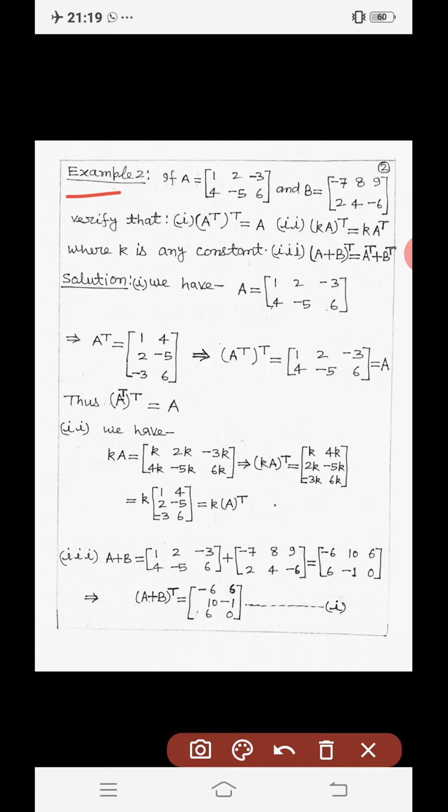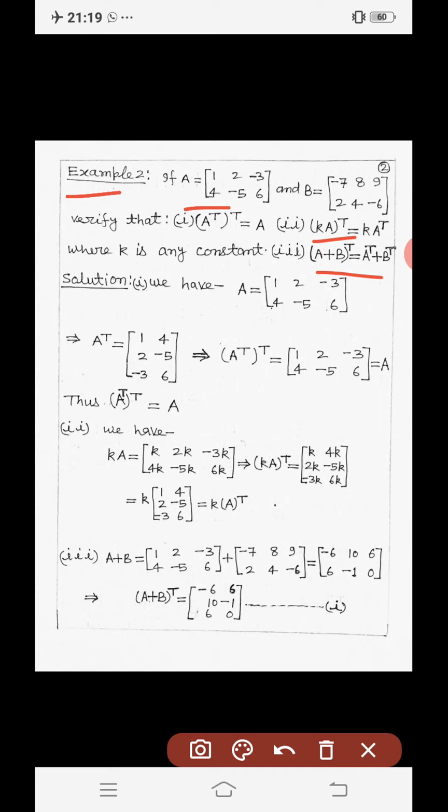If A equal to a matrix having elements 1, 2, -3, 4, -5, 6, and B is another matrix having elements -7, 8, 9, 2, 4, -6, verify that transpose of A transpose equal to A, transpose of KA is equal to K A transpose, where K is any constant, and third, transpose of A plus B equal to A transpose plus B transpose.